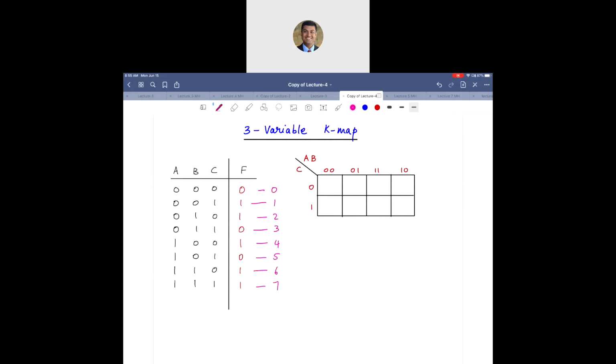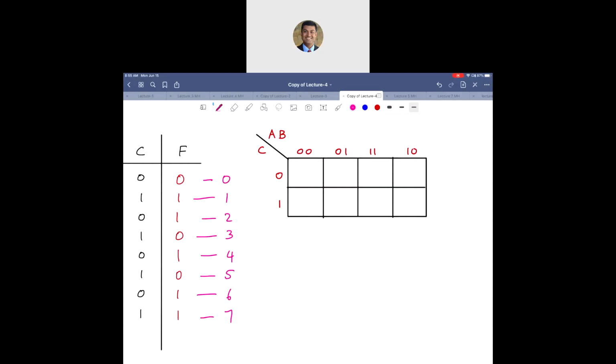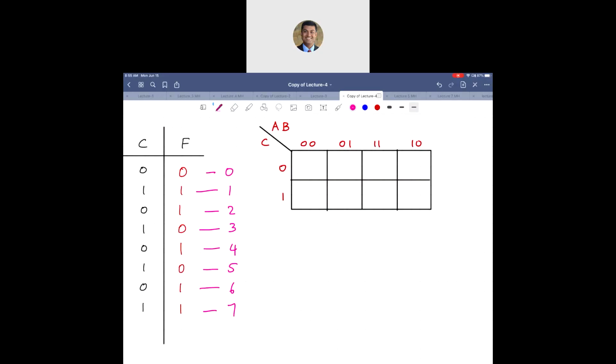Once I number them, I can also number them inside the K-map: 0, 1, 2, 3, 4, 5, 6, 7. I've numbered each row in the truth table with its decimal equivalent, and that allowed me to reference each cell with that specific decimal number.